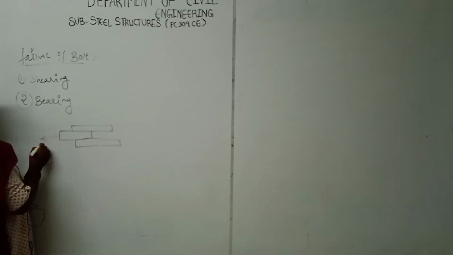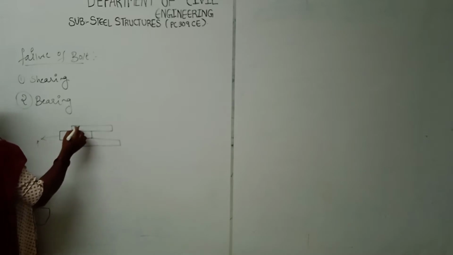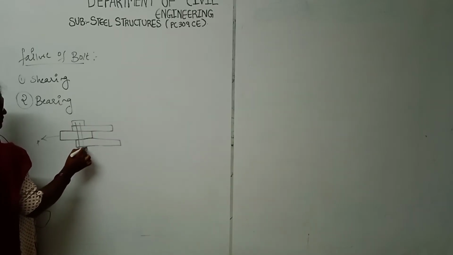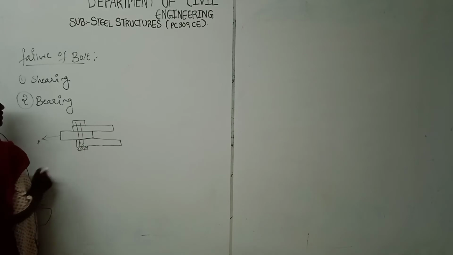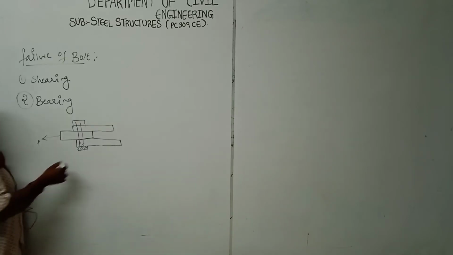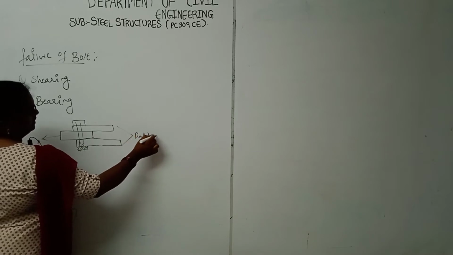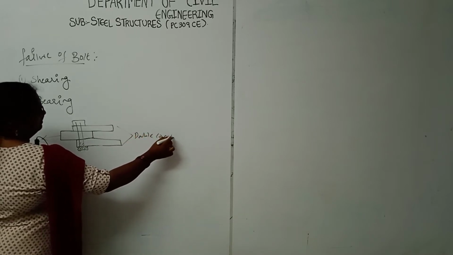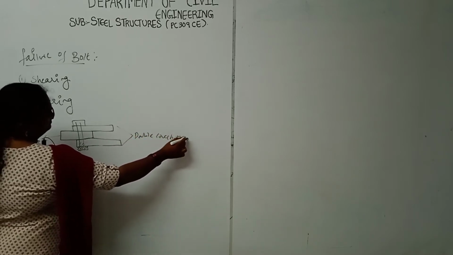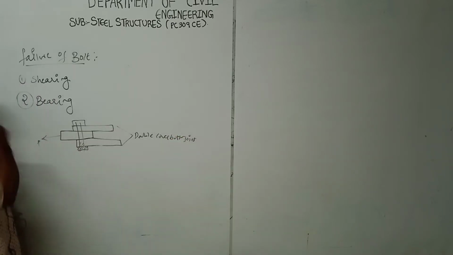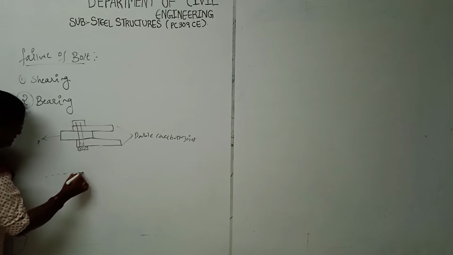This is the double cover butt joint. What will you be doing here? Here you will be inserting another plate. So this is your double cover butt joint, and here you will have two planes.